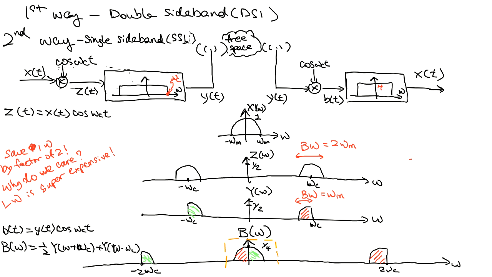Each company pays a lot of money just to get, for example, 5 megahertz of spectrum to provide their services. Everyone only has a limited range in the frequency spectrum to use, so if you are able to transmit one channel with half the bandwidth, that means you are able to transmit twice the number of channels.